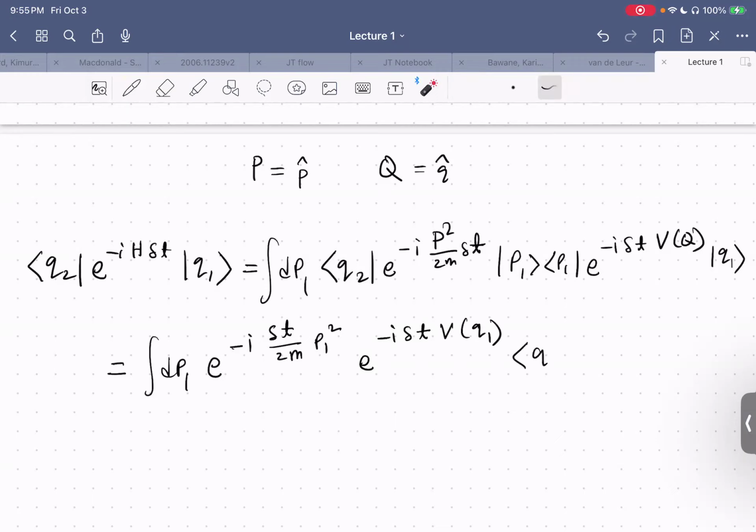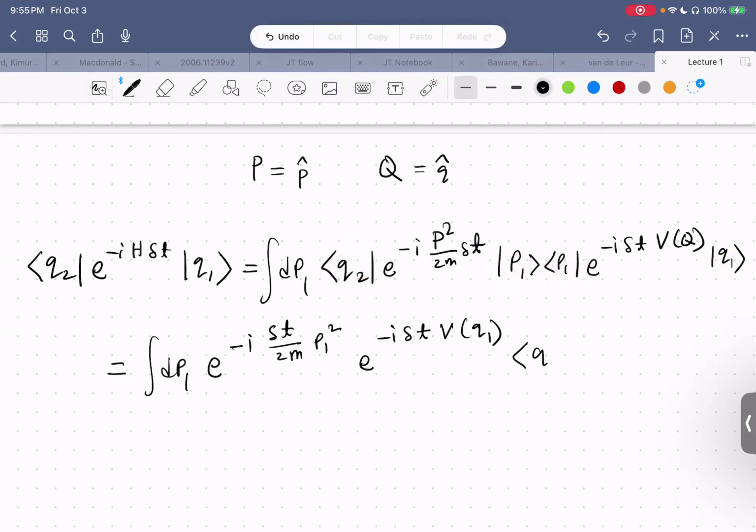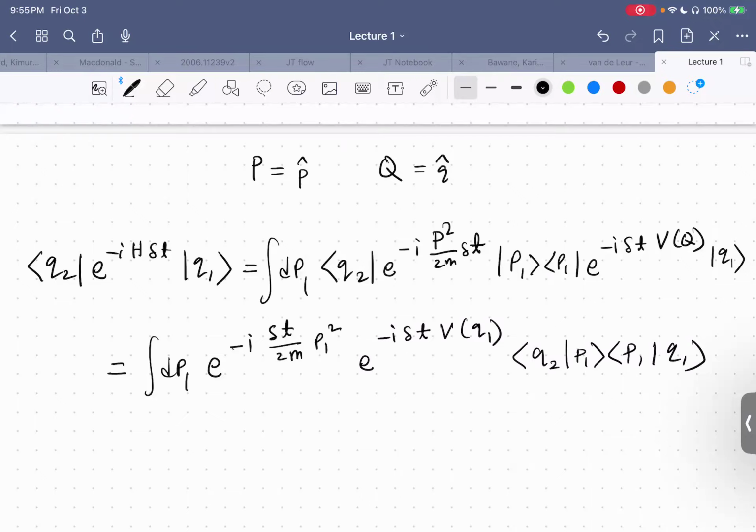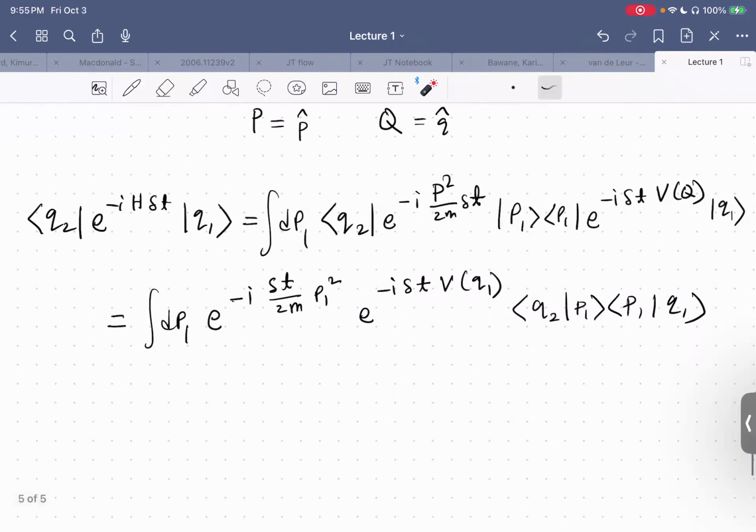And then you are left with these inner products. Okay. So we had operators before. Now they have been replaced by their eigenvalues.